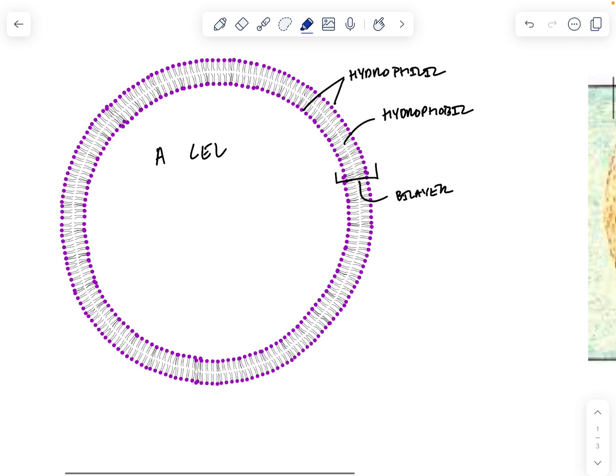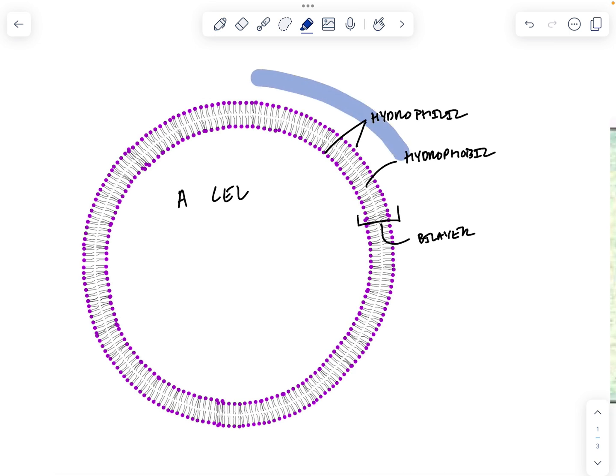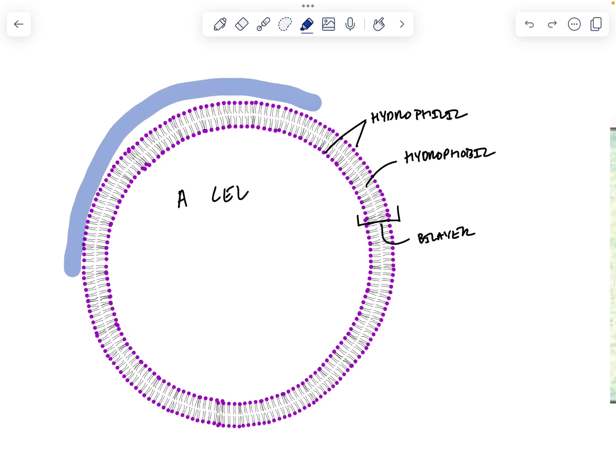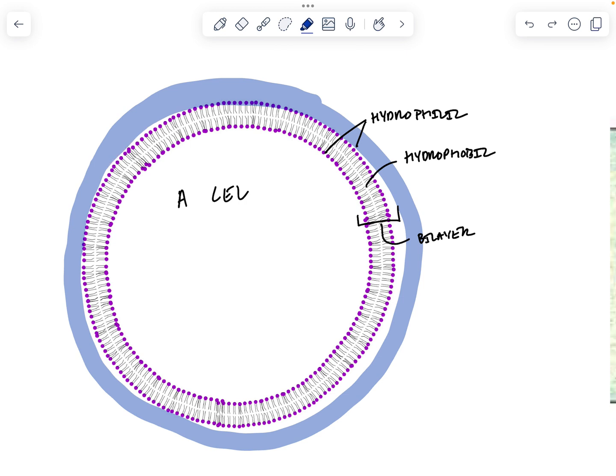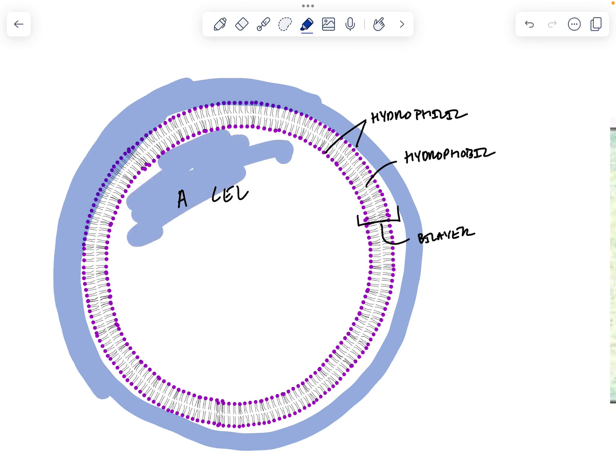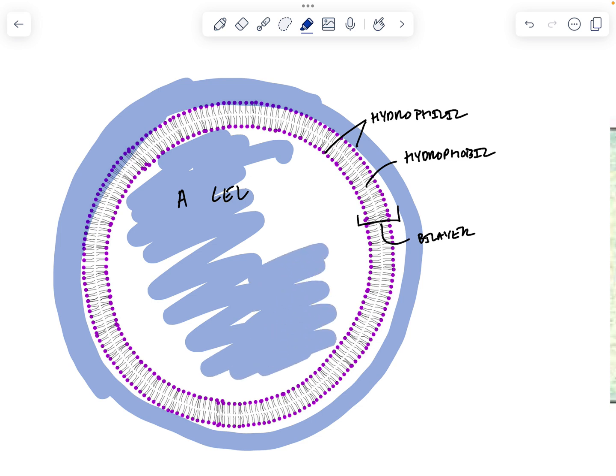There's going to be water that is outside the cell, and then water that's also inside the cell.